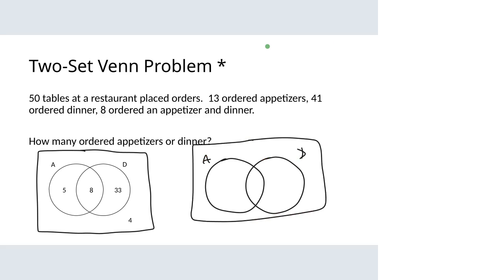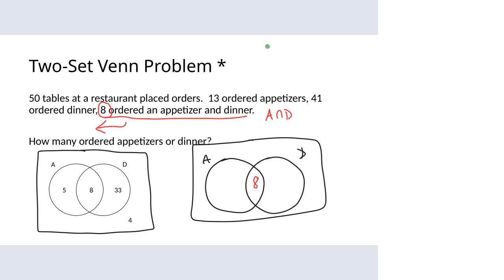When I draw my Venn diagram, I'm going to start in the overlap, which is almost always at the end of the instructions. Appetizer and dinner. That would be A intersect D. That's right here. That's region 2. Those 8 people need to go into region 2.